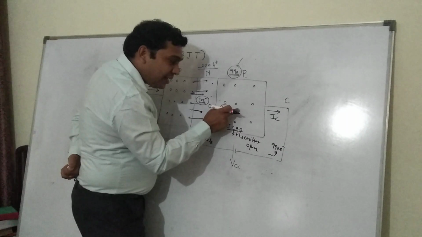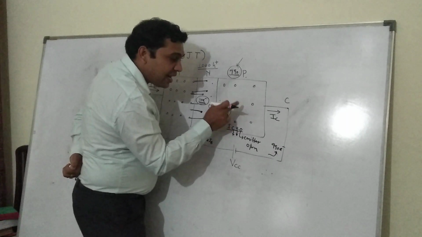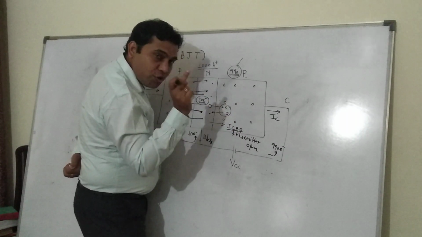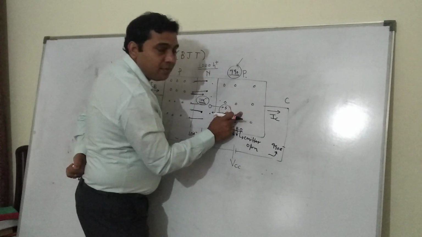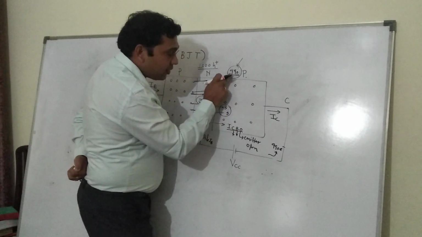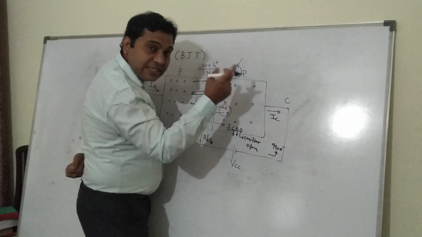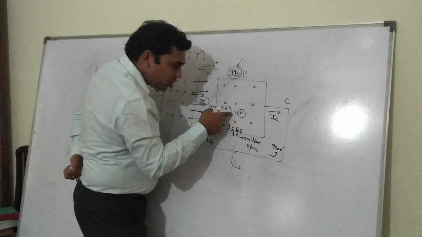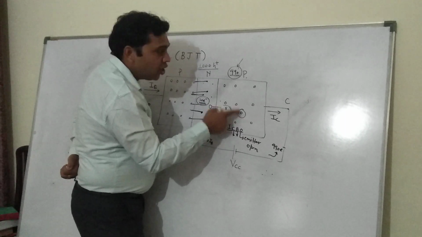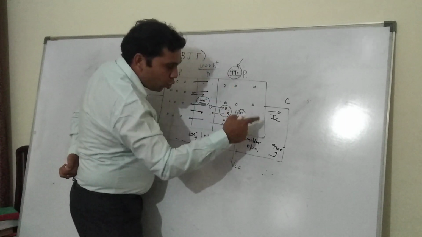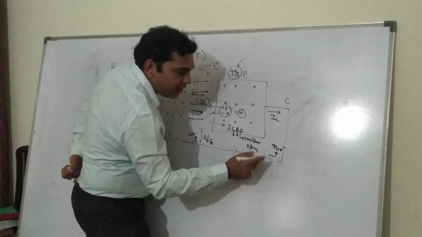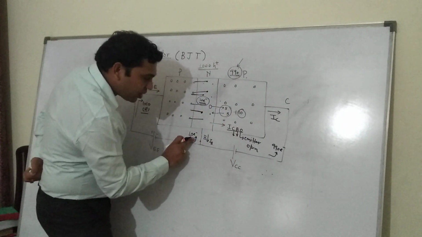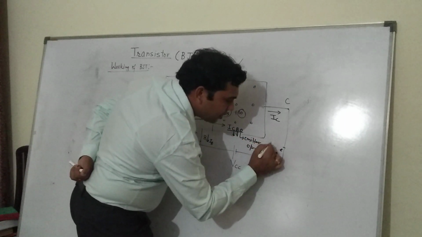So 10 electrons are less here, or you can say 10 holes are more here. Earlier it was 990 extra holes, now 990 plus 10 holes because of this ICBO. So instead of 990 electrons coming, you now require 1000. So this completely changes to 1000.